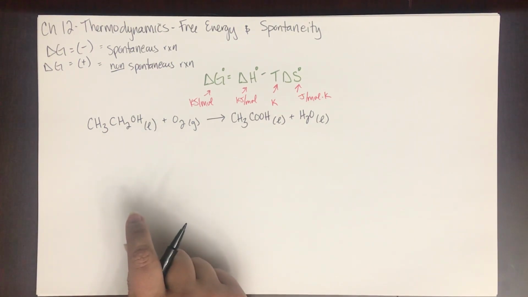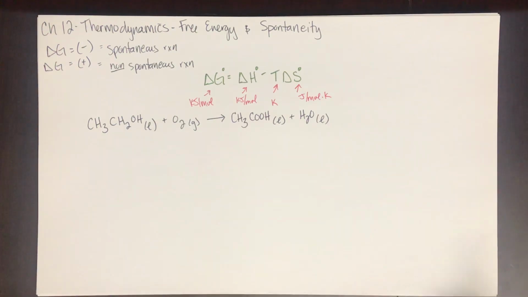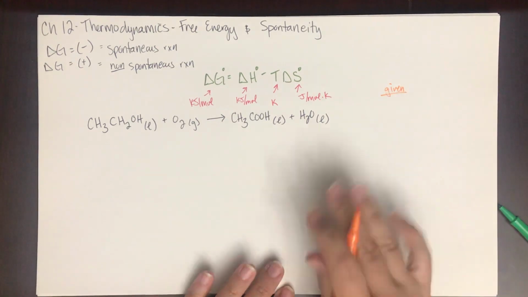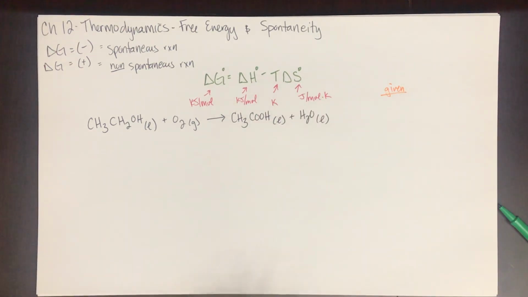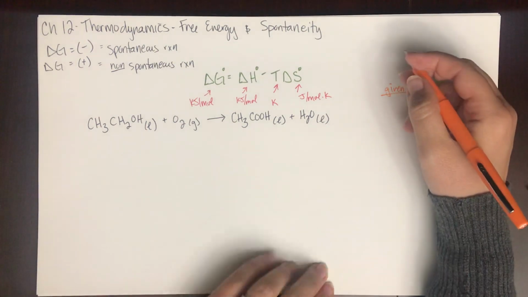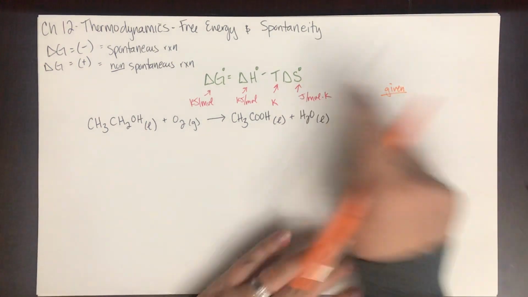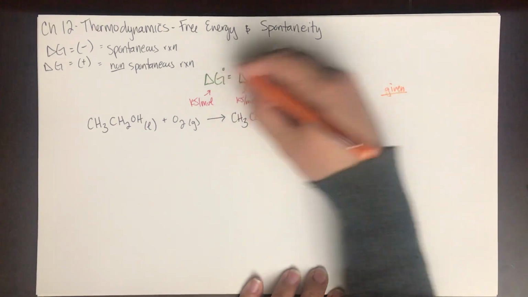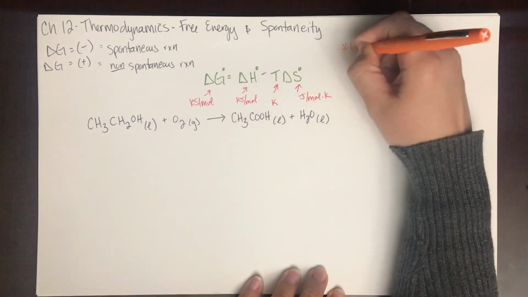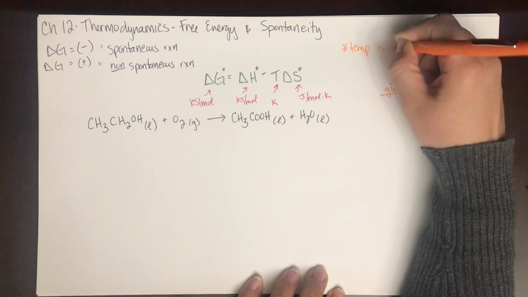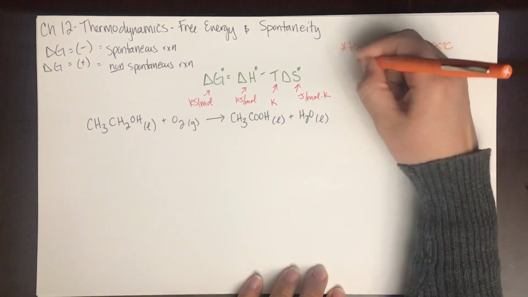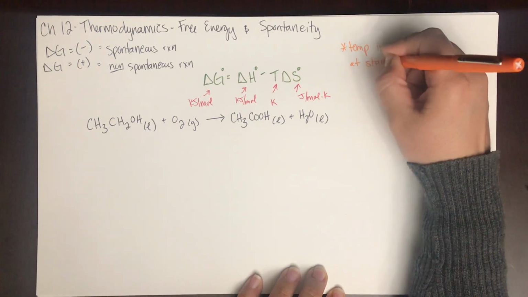You would be given, or could calculate the way that we've calculated delta H and delta S before. But let's just say I'm going to tell you, and you probably wouldn't be given the temperature, but because you see these degree signs, the temperature is always 25 degrees Celsius at standard conditions.